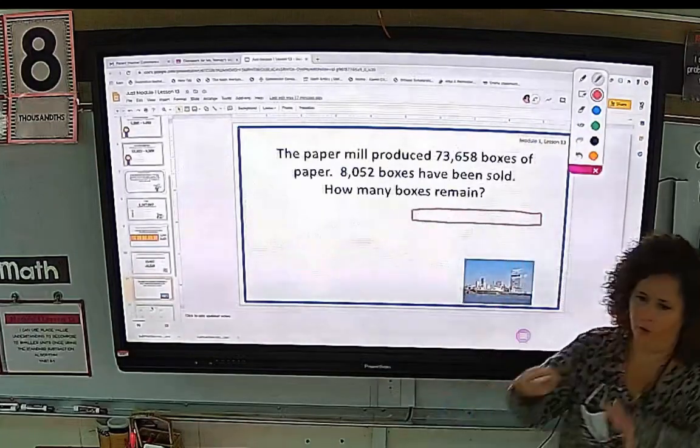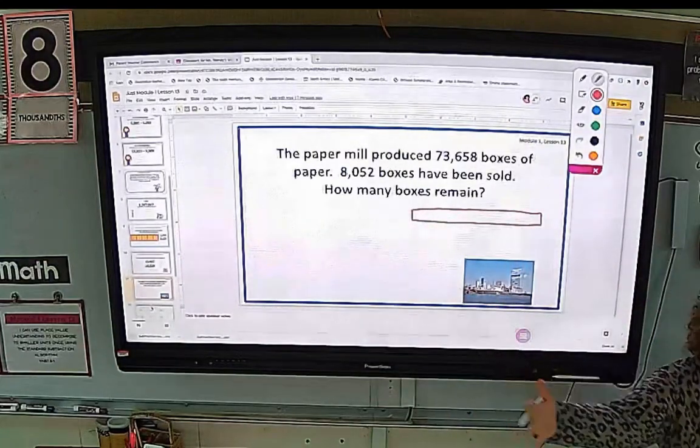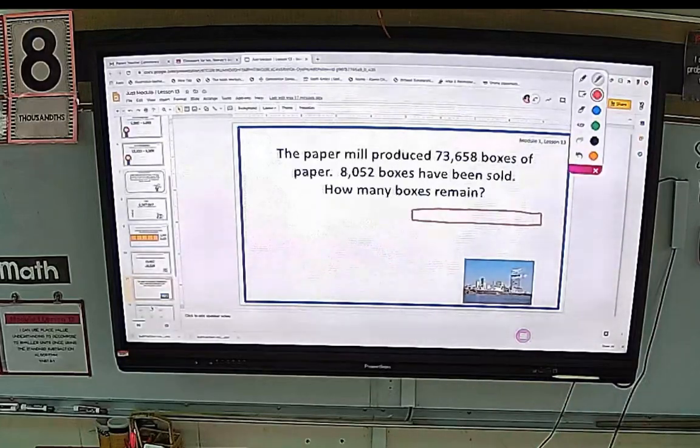Think about what the whole thing is. And think about, do I have any of the pieces? What is the whole thing for? How many boxes of paper did the paper mill produce?